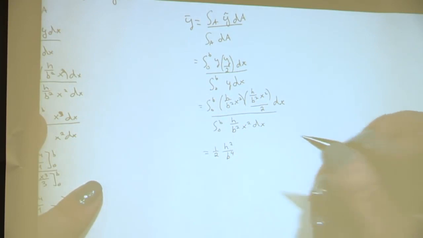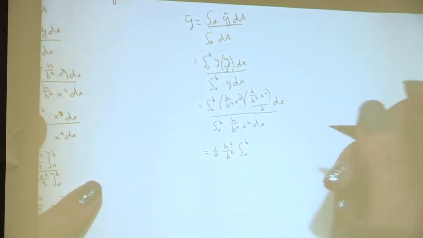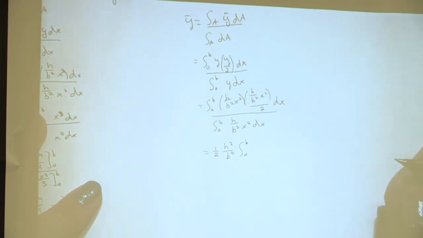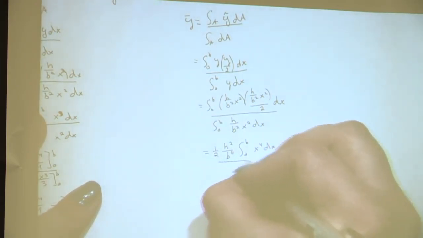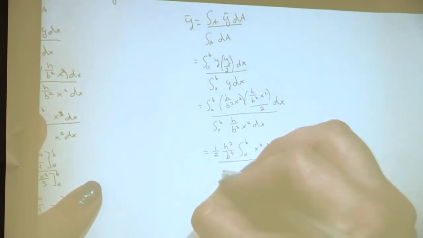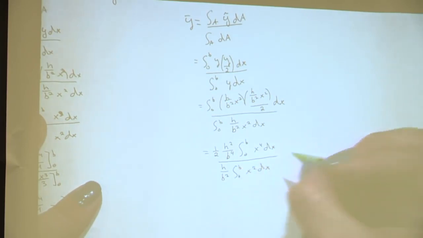And is that everything that we can pull out? Yes. So we have the integral from 0 to b of x to the 4th. And then on the bottom, pull out the constants again: h over b squared, integral of 0 to b of x squared dx.